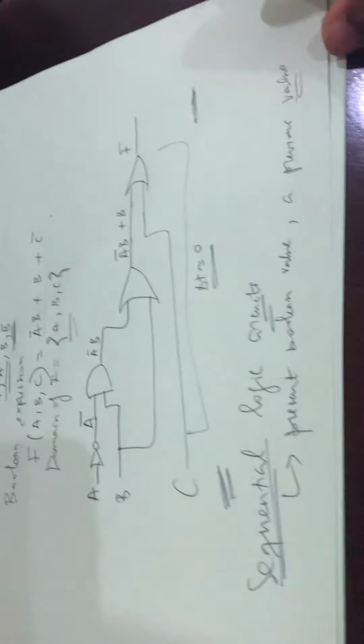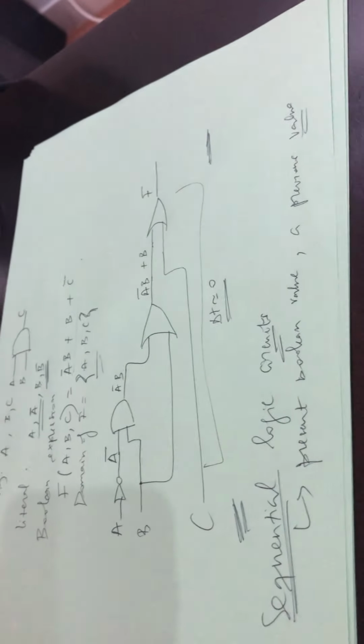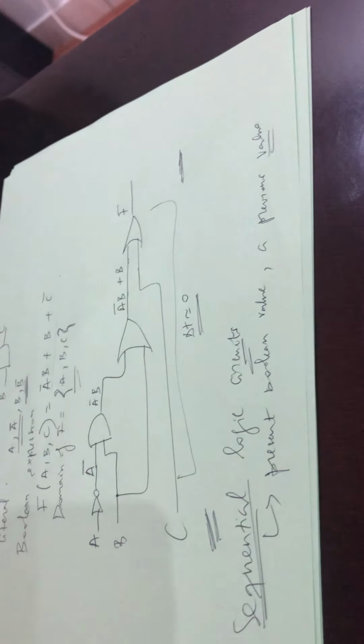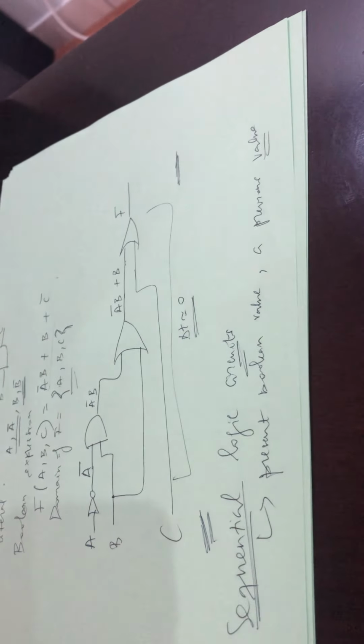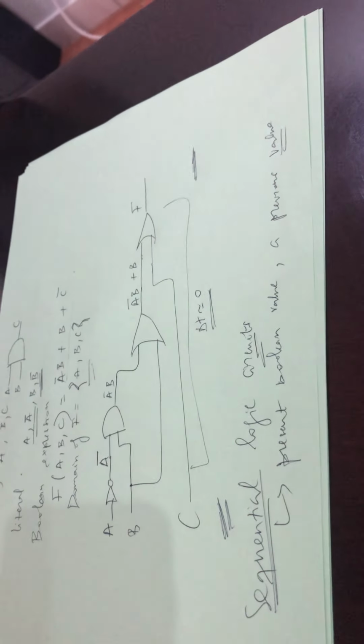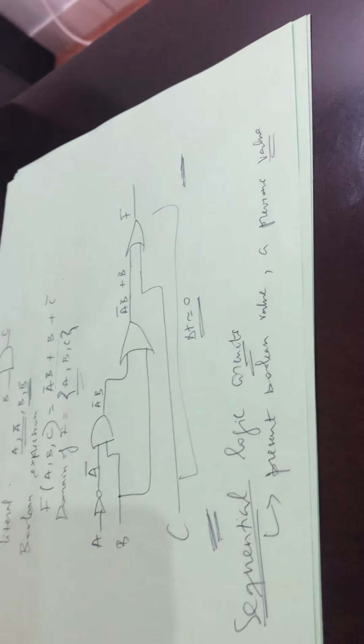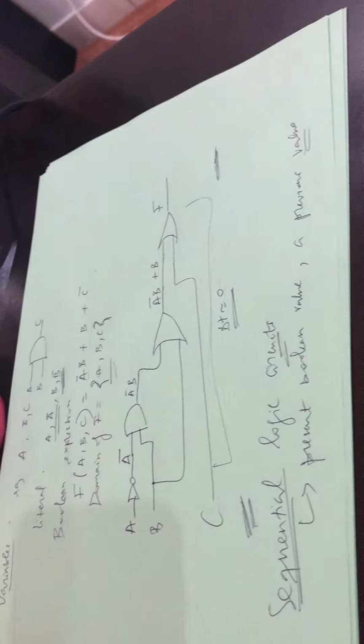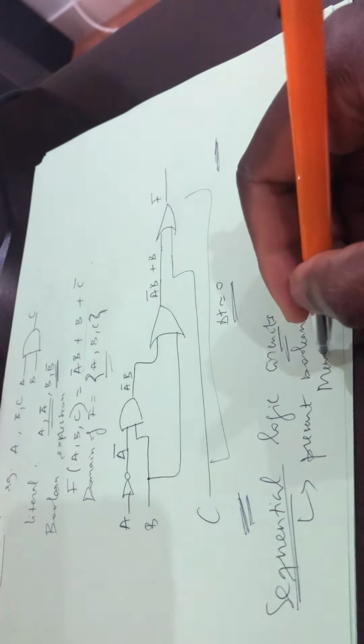And these are logic values or Boolean values. So the sequential logic circuit brings the idea that there is a present value of an input or an output and a previous value of an input or an output, that both are used to define the logic circuit. So that automatically brings the idea of what we call memory.